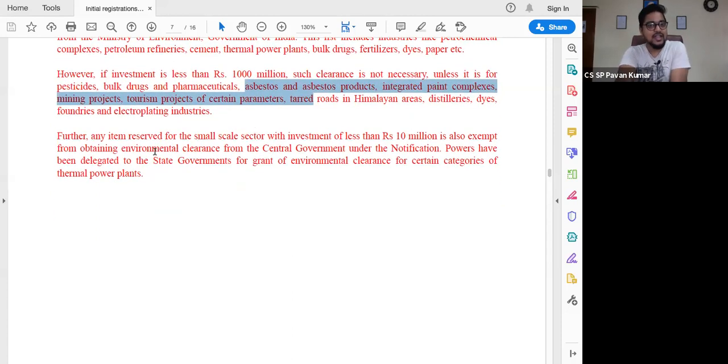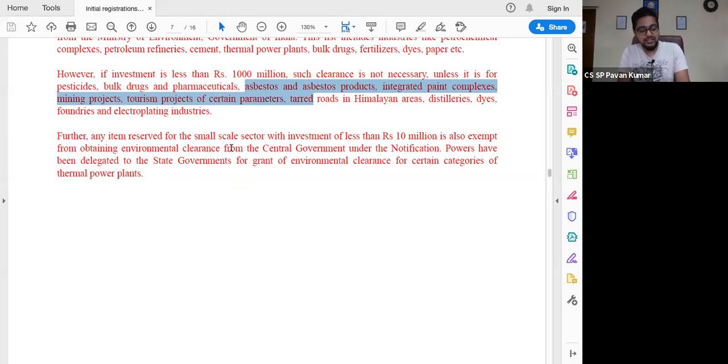Further, any item reserved for small scale industries. There are certain products which are specifically reserved for small scale industries. When a big player comes and does an activity particularly reserved for SSIs, the small players will get affected, because big players will try to dominate them, and at one point of time the small players can vanish.